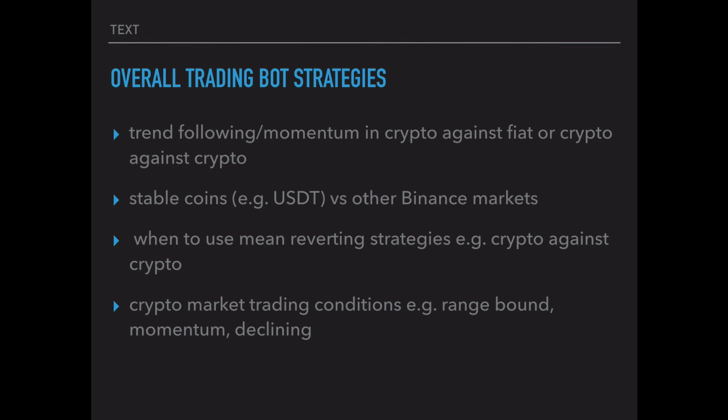So again, I've talked about the crypto market trading conditions. Most of the time, your bot or my bot trading signals will not generate signals. That's to prevent you from losing money, so it won't send out trading signals. So there may be days where you may not get a signal at all from one of these bots, especially if it's trend following or momentum based. It's purposely designed to not take trades when it knows whatever coins are out there are not performing.